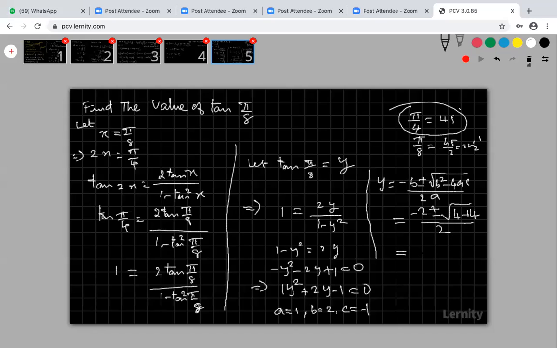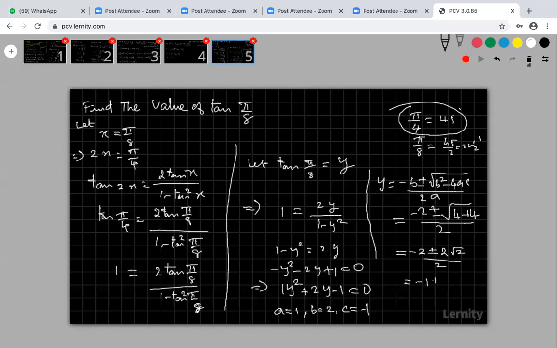So minus 2 plus or minus, this is 4 plus 4, that is 8. 8 can be written as 2 root 2, divided by 2. If you cancel this 2, what is the answer? Minus 1 plus or minus root 2. So this is your y.